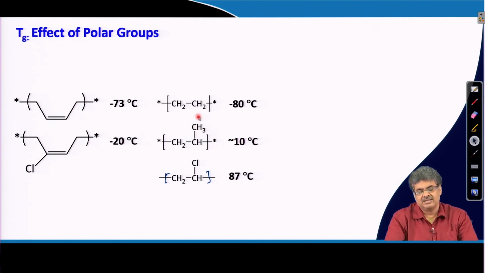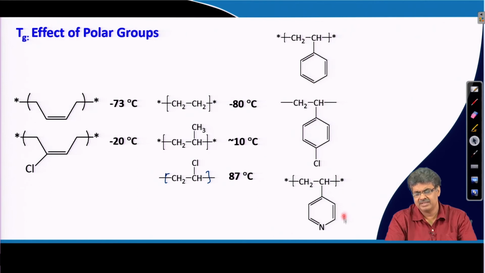Compared to a hydrogen and methyl group, it will have higher intermolecular interaction because of higher van der Waals forces between the polymer chains. As a result, you have higher Tg. This will also increase the steric hindrance, which will also contribute to the increase in the Tg value of this polymer.